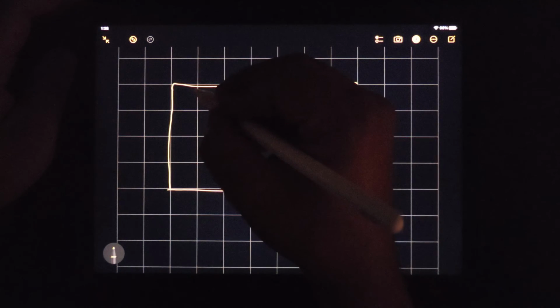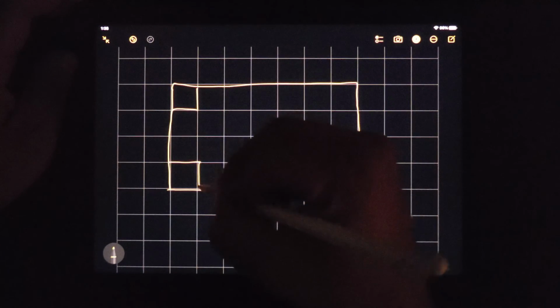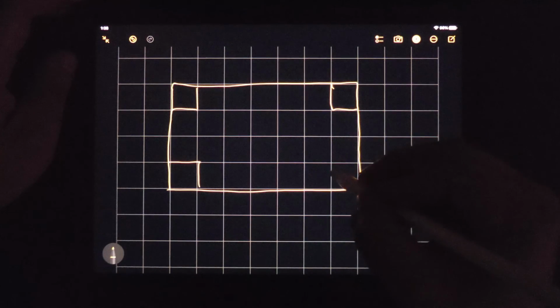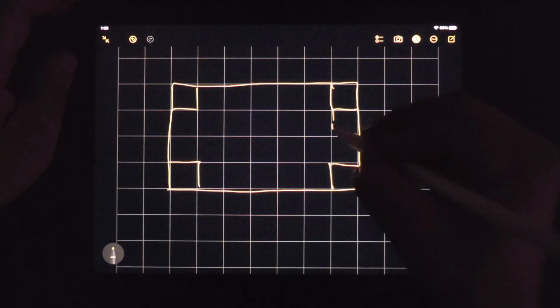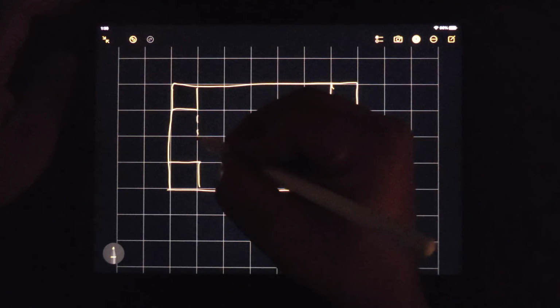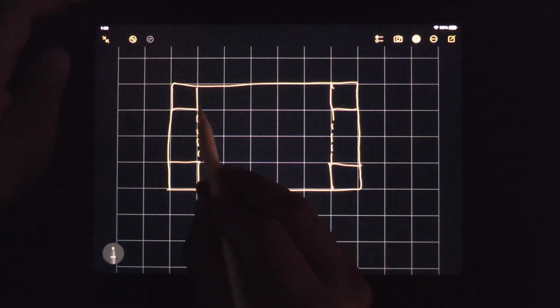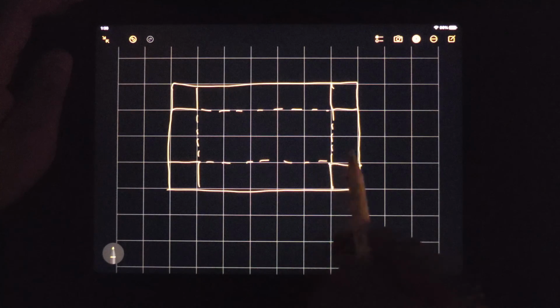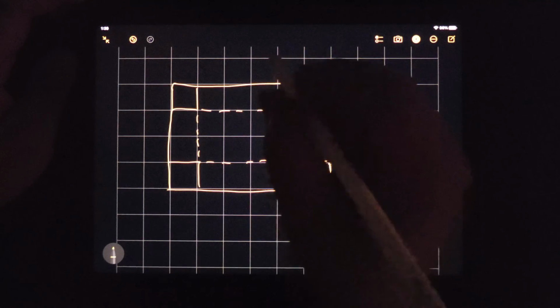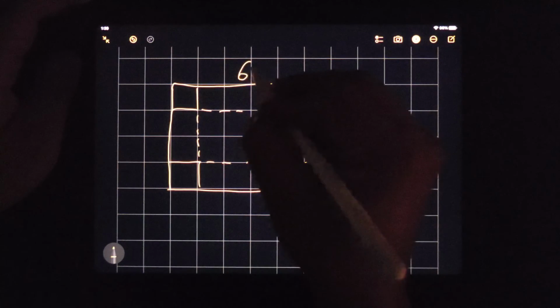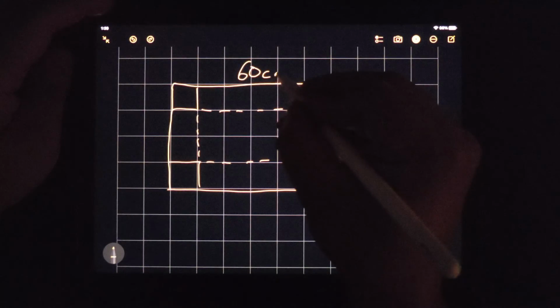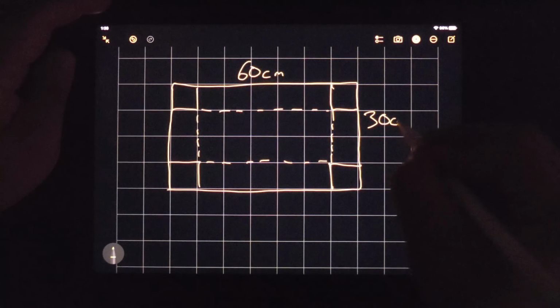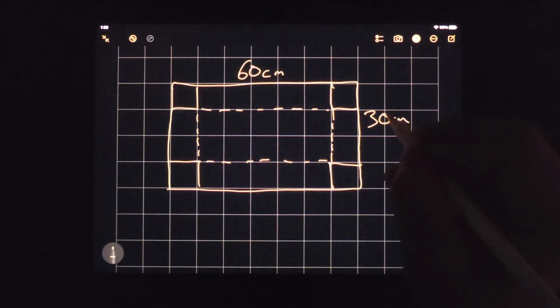Let's say I have this sheet that is 60 centimeters on one side and 30 centimeters on another side, and I want to make this sheet into a box.